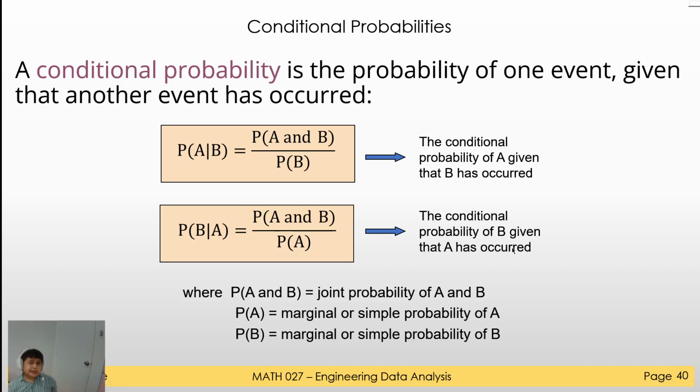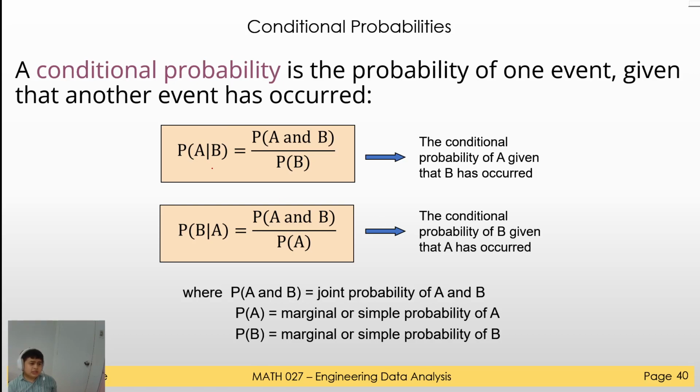Conditional probability is just another way of treating joint probabilities.